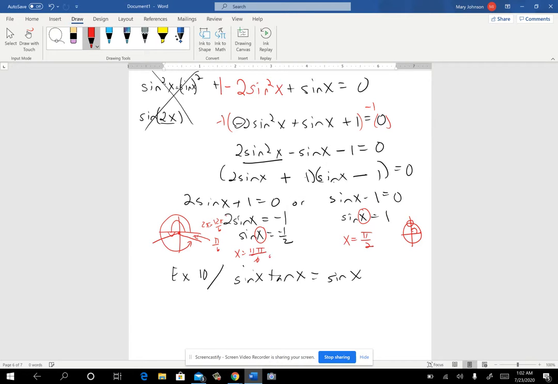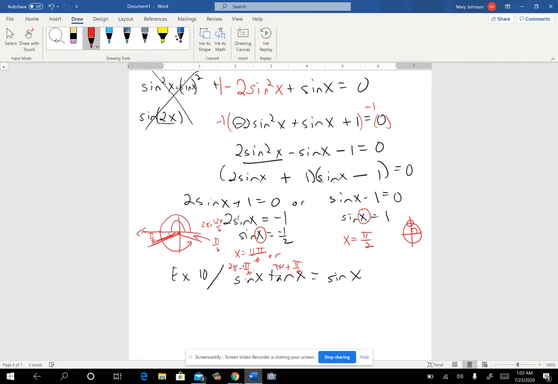Or you could be over here, which is pi over 6 past pi. So this is not 2 pi minus pi over 6; this is pi plus pi over 6.